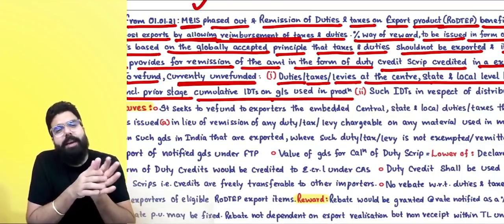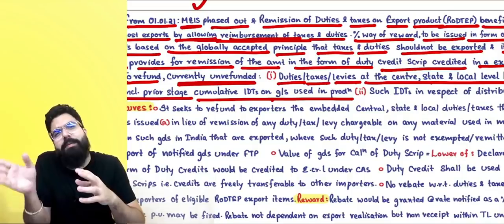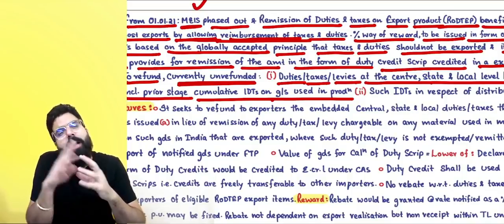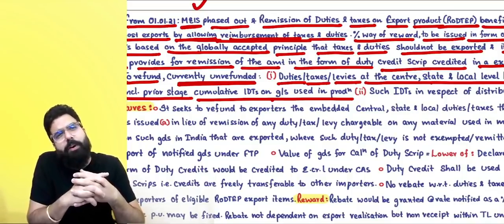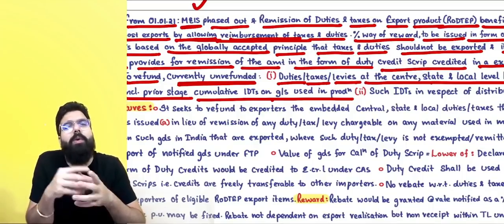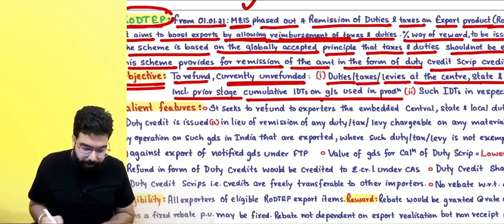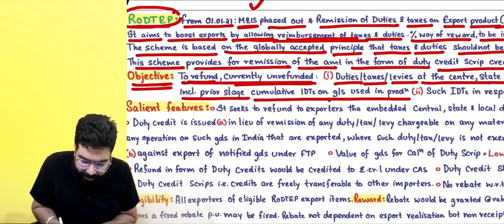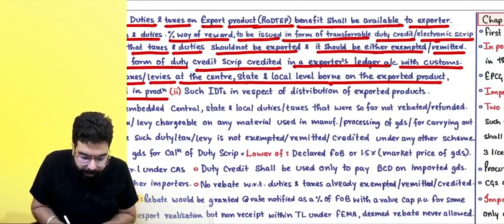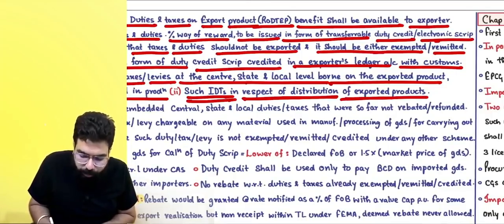Prior stage cumulative indirect taxes means, sir, in the earlier stage there were VAT, service tax, etc. What about those taxes which we had already paid on our raw materials? They are saying those taxes also will be remitted to you in the form of duty credit scrip.